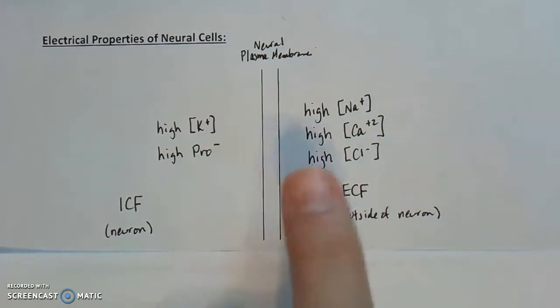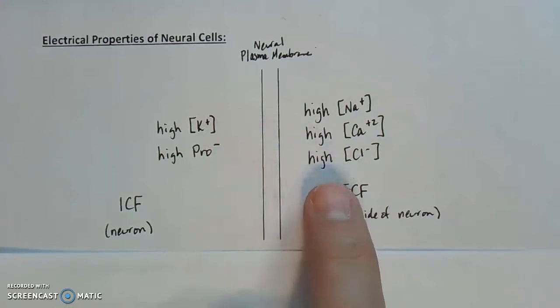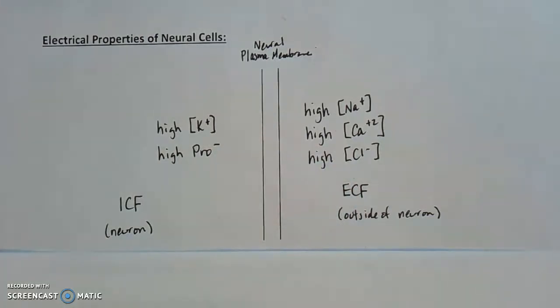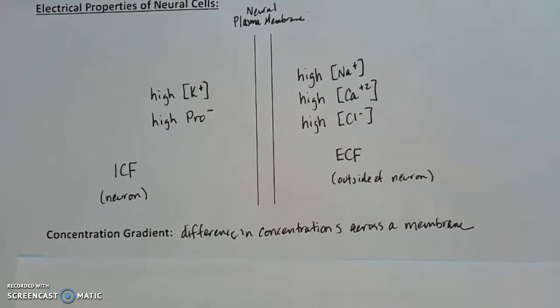Because we have different amounts, we establish something called a concentration gradient. All a concentration gradient is, is a difference in concentrations, in this case across a membrane, or from one area to another.